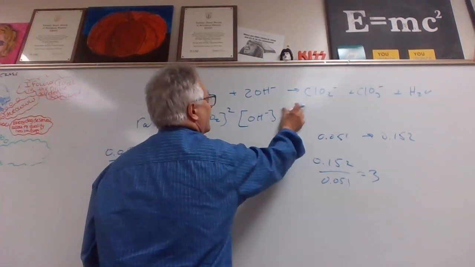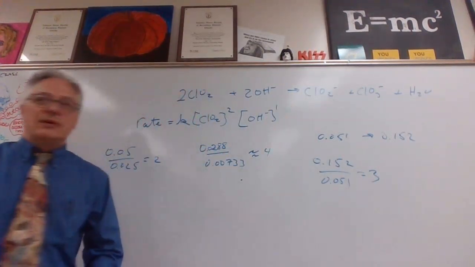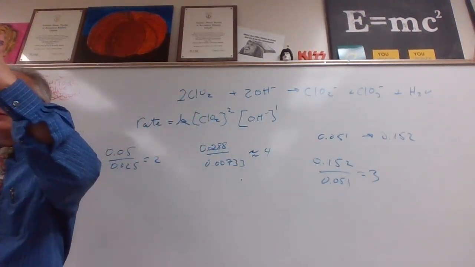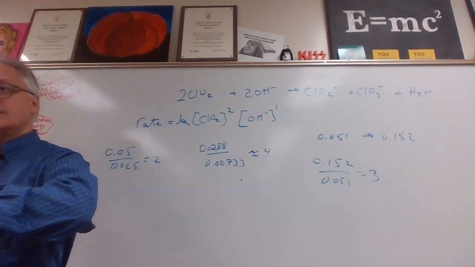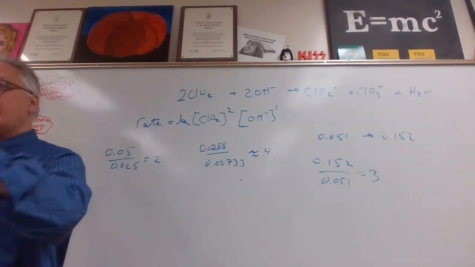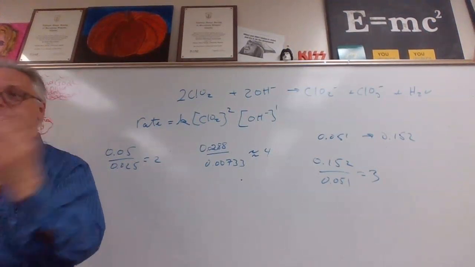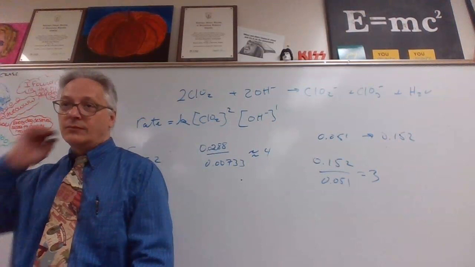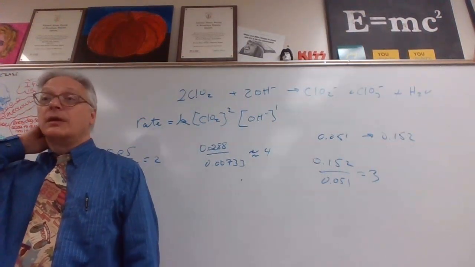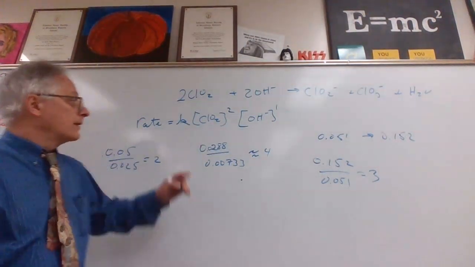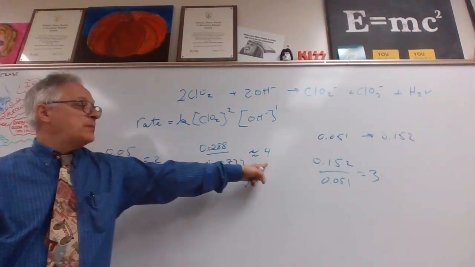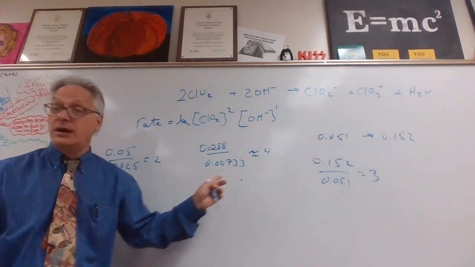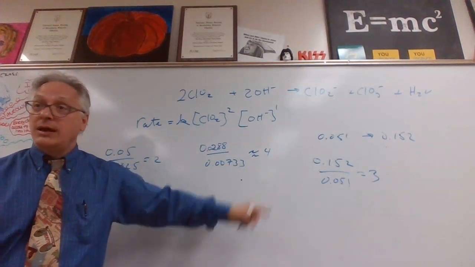It means that for every 1 step in concentration, I get 1 step up in rate. So if I change concentration by 3 and the rate goes up by 3, first order. Or if that changed by 4 and that changed by 4, then it would be 1.